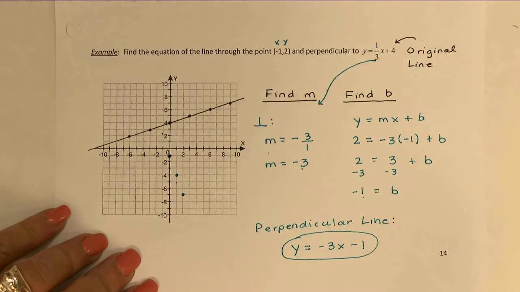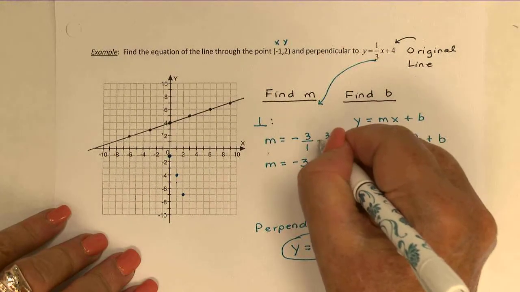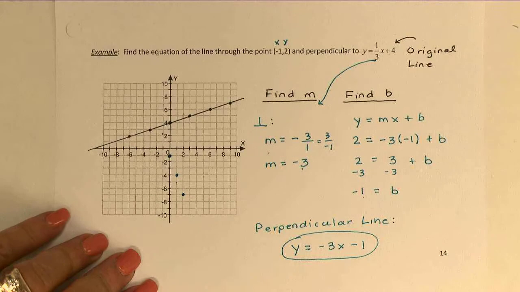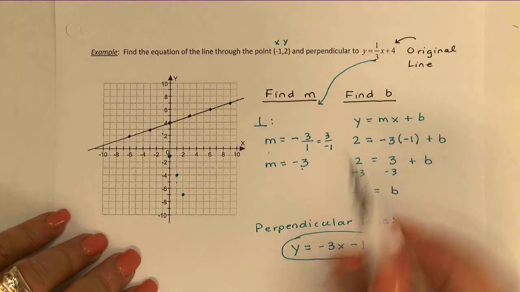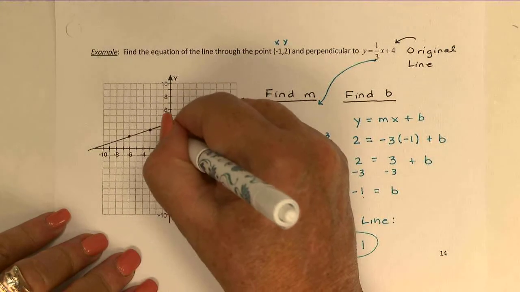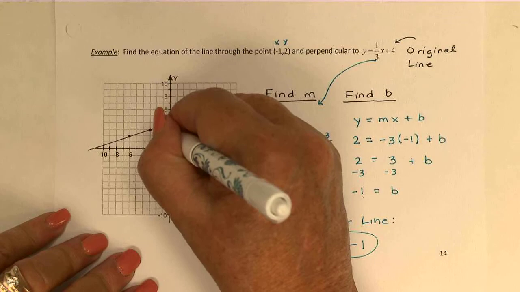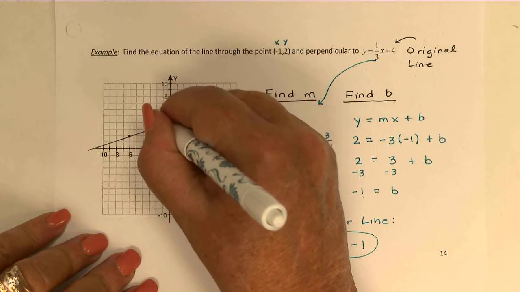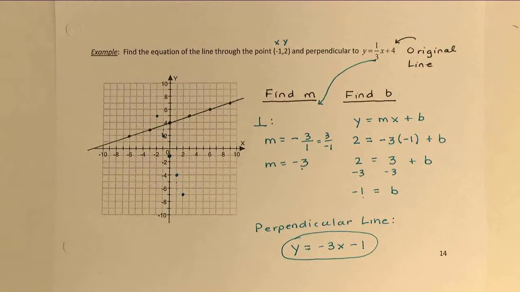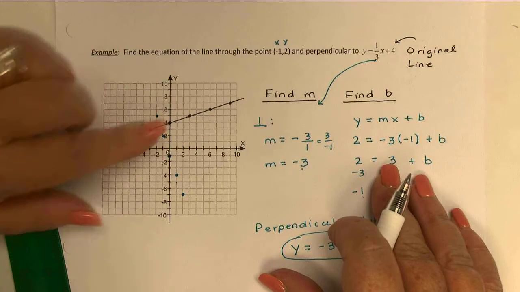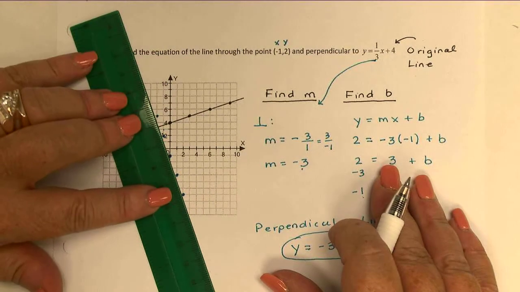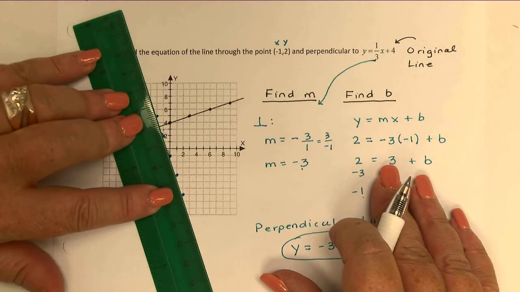Or remember, you can also think of this as a positive 3 over negative 1, so I could also go up 3 and to the left 1. Do that a couple of times as well. And I've got my perpendicular line.